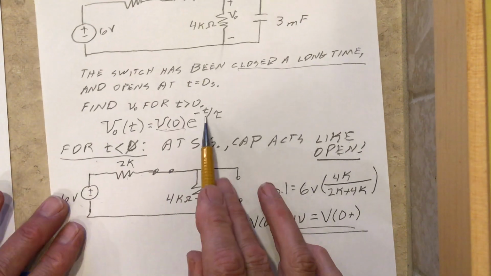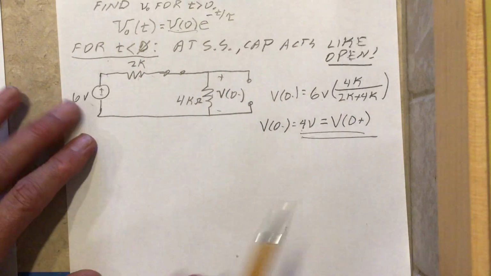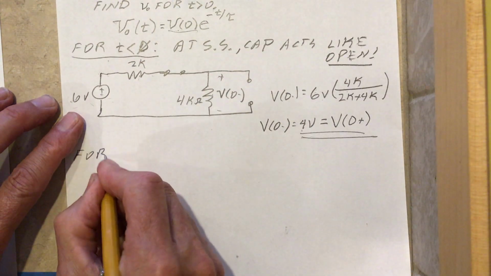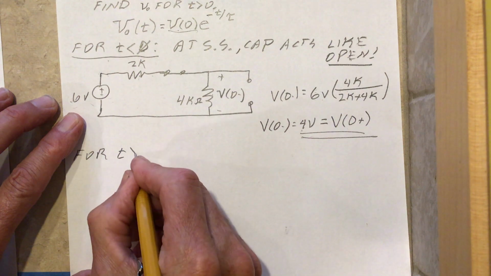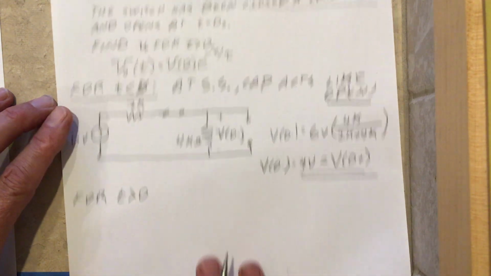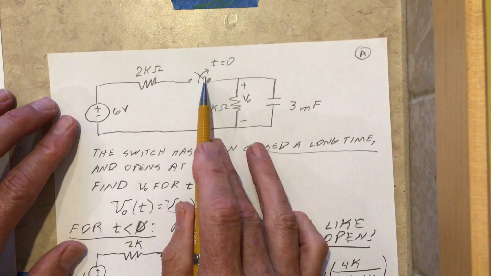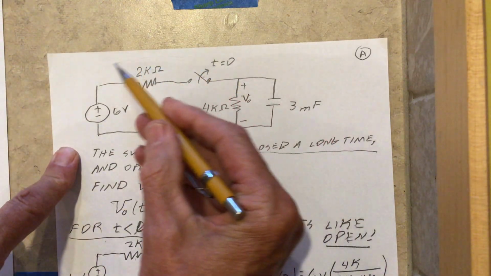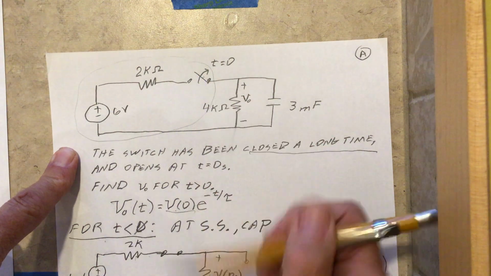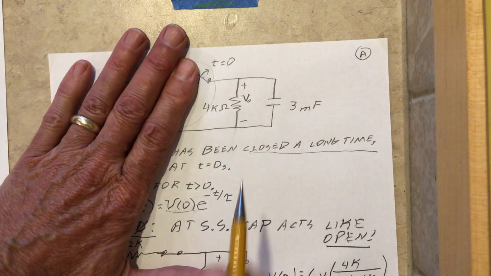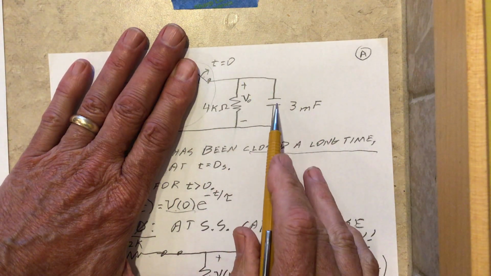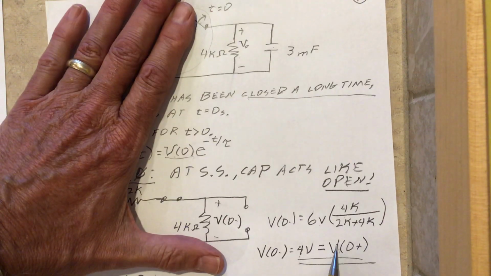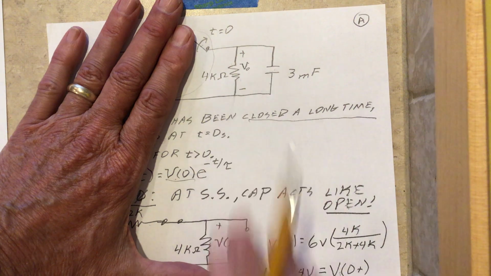Okay, now all we need to do is find tau. Okay, so for t greater than 0, now the switch opens, which disconnects this resistor and the power supply. It's all disconnected now, and the only thing we have is the capacitor, which is now charged up to 4 volts, and this resistor.